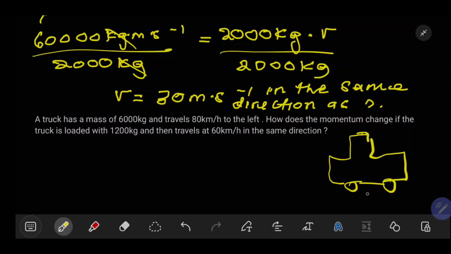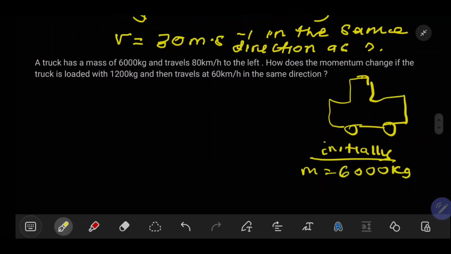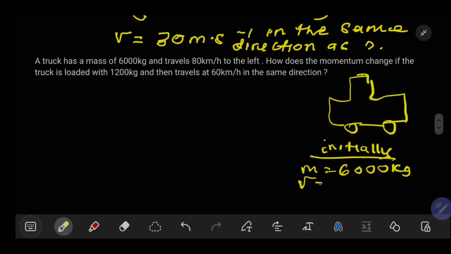We're having our truck. Okay, so this is our truck. Initially the truck has a mass of 6,000 kg and it's traveling 80 kilometers per hour to the left. Okay, so at the later stage or at the final stage, we have our truck here.